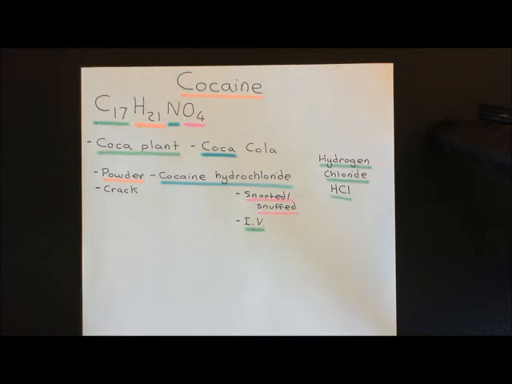So when you get cocaine hydrochloride into your bloodstream, you're also going to get cocaine molecules into your bloodstream, because the cocaine hydrochloride can break down back into cocaine and hydrogen chloride. And then the cocaine molecules can cross from the bloodstream into your brain. So you've delivered cocaine into your bloodstream and to your brain through this route.